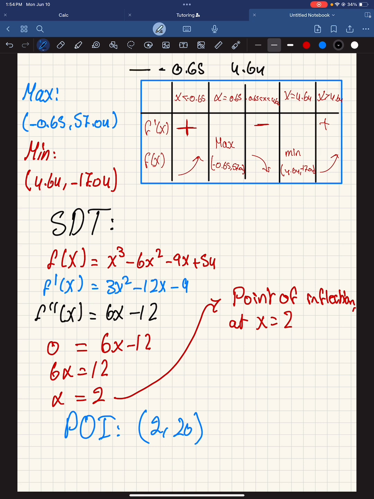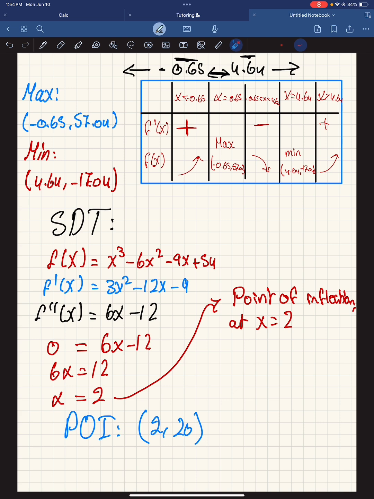So you take the interval before, between them, and then after. And then you want to see if the value on each interval is positive or negative. I'll show you why.